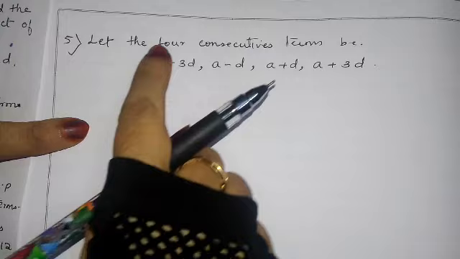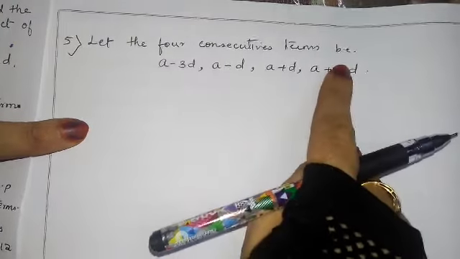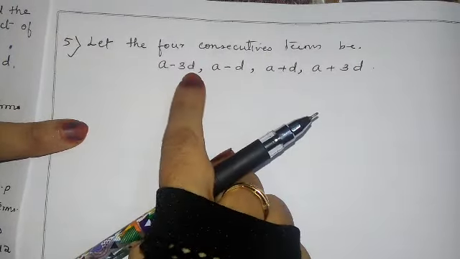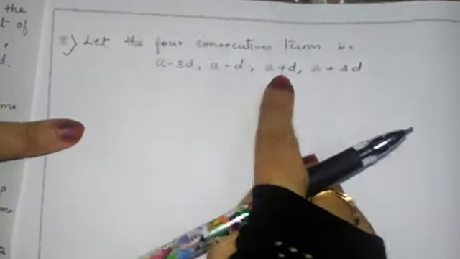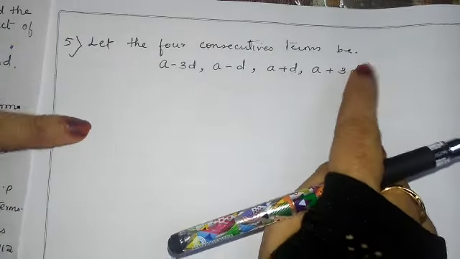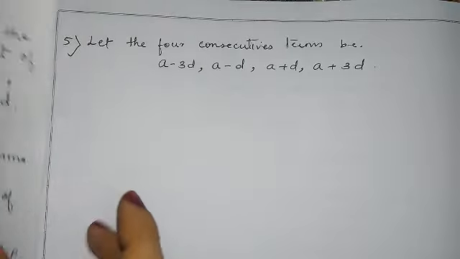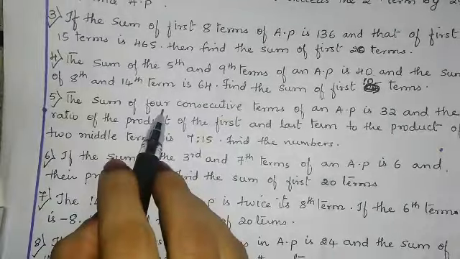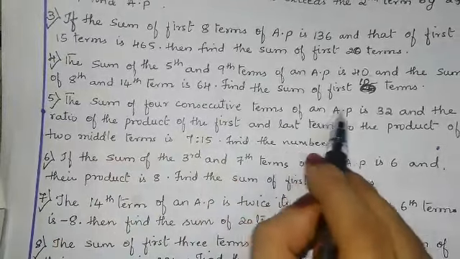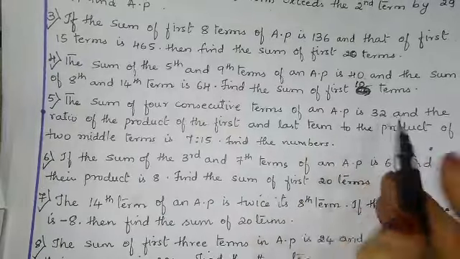These are the sequence. So we have taken here, let the 4 consecutive terms be A minus 3D, A minus D, A plus D, A plus 3D. So here the question is, the sum of 4 consecutive terms of an AP is 32.